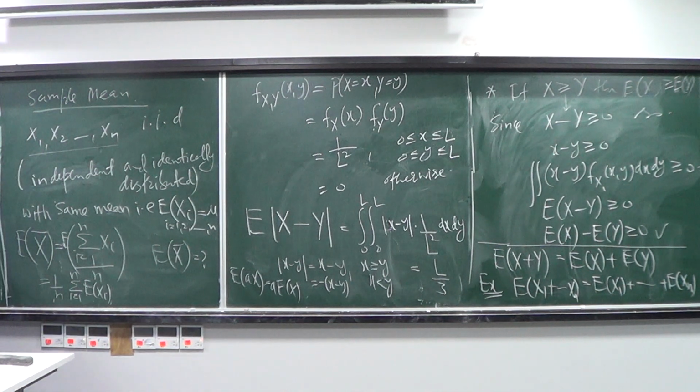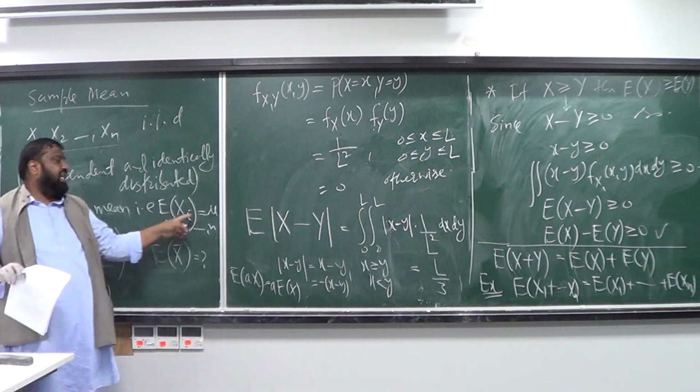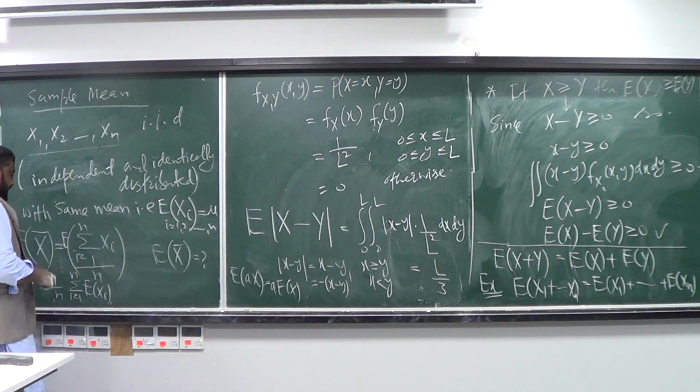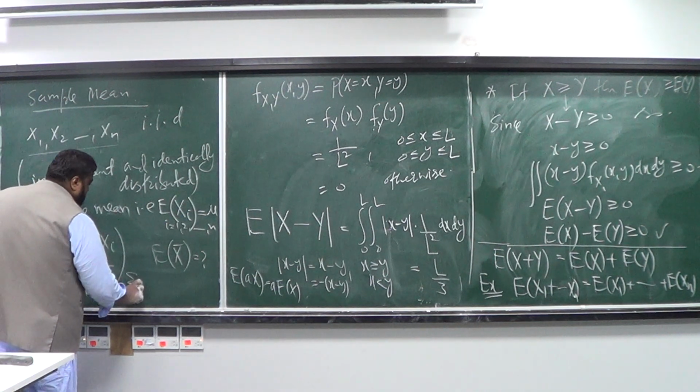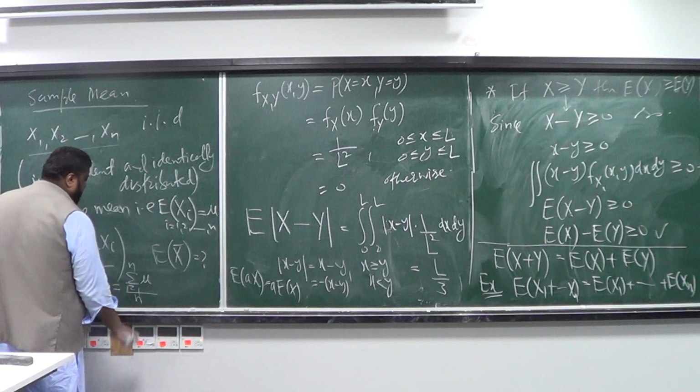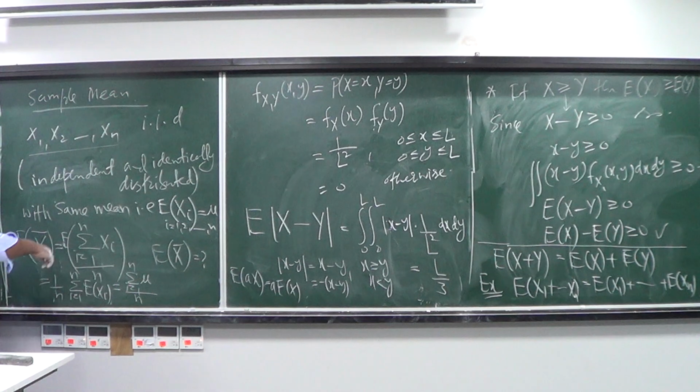Now, since we have assumed that they all have the same distribution and are identical, and the expectation of xi is mu, this is going to be the sum of mu from i equal to 1 to n, all divided by n. So it's like you are summing one same number n times.